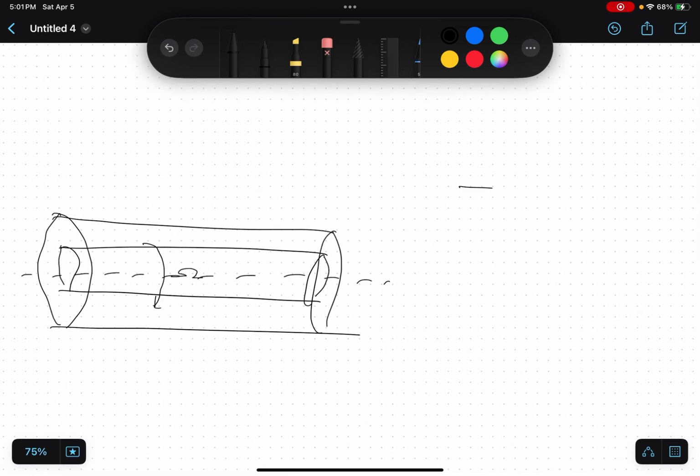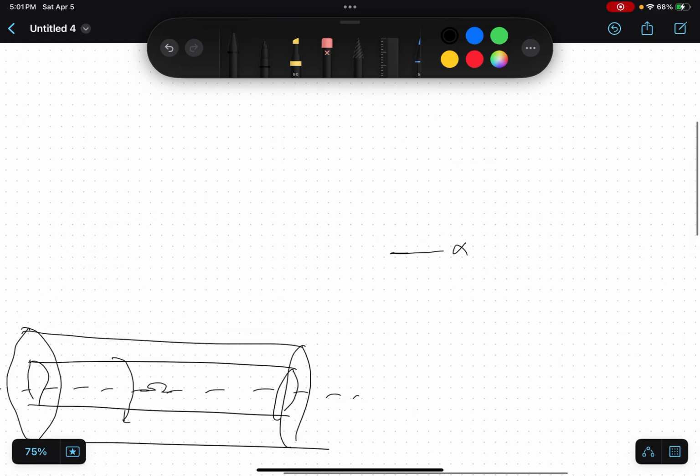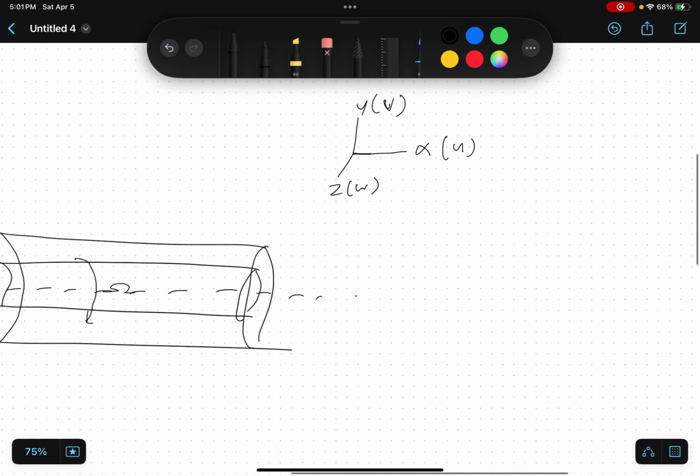So before we had x, y, and z was like out of the page. Not anymore. I'm going to keep that up here for a second. x, y, z, and this was u, v, w. Now, I'm going to draw it along the center line because it'll make the boundary conditions nice.